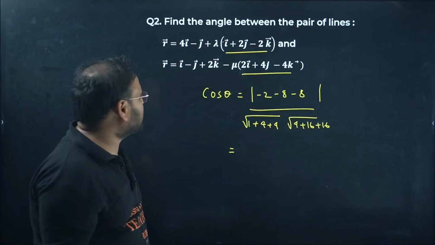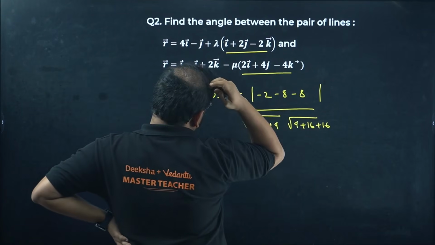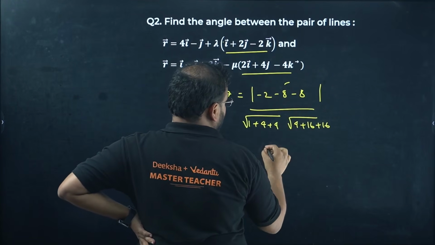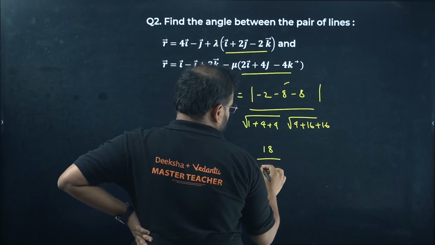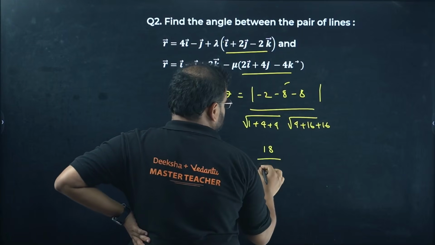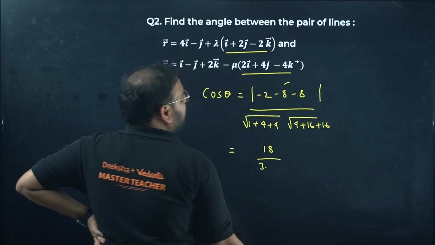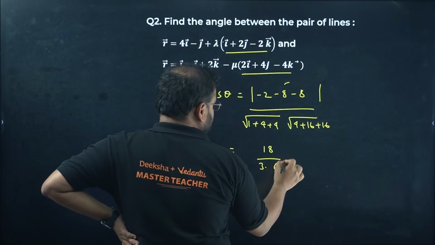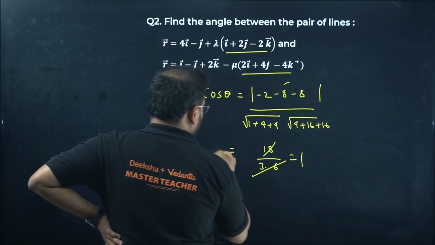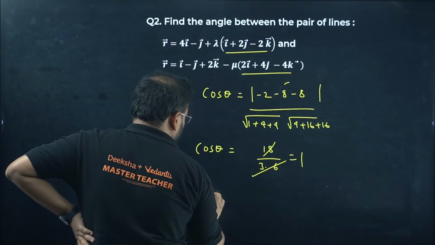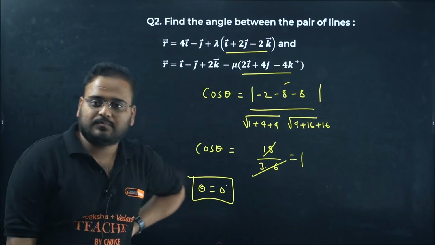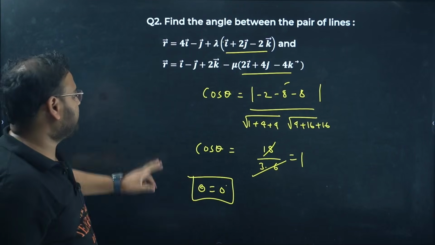Let me check the calculation once. Minus 4 into plus 4 will be minus 16, and minus this will become plus 18, divided by 4 plus 4 is 8, plus 1 is 9, so 3, and this will become 36, so 6. Okay, cancels. Answer is 1. So cos theta is 1 means theta value will be 0. Simple question. I hope you got it.